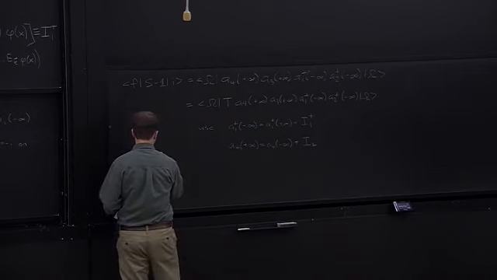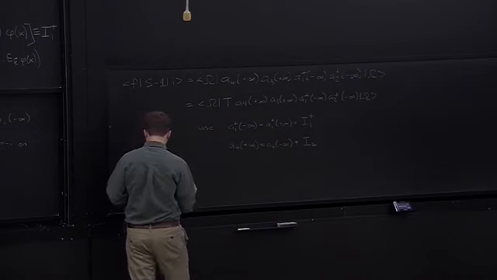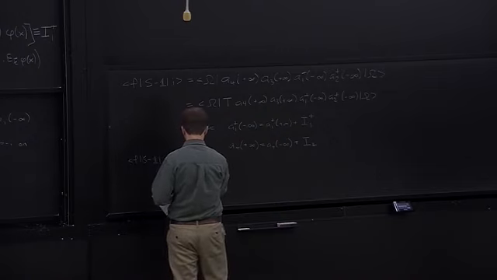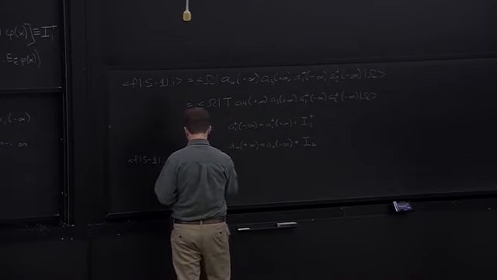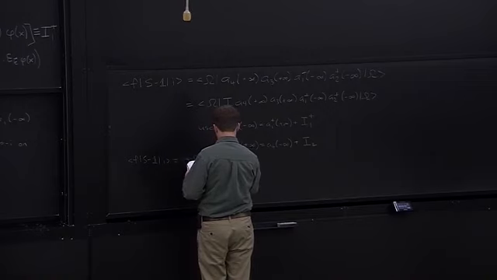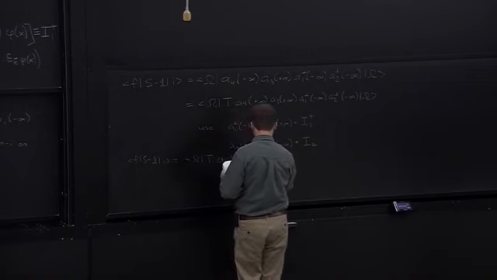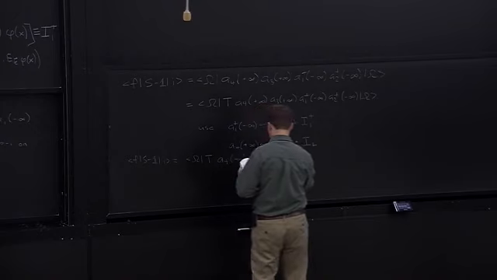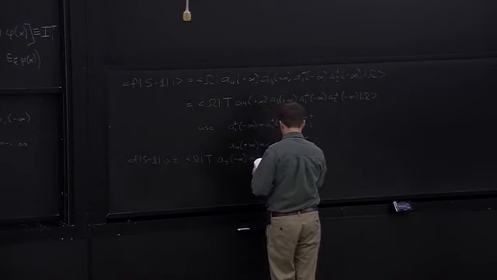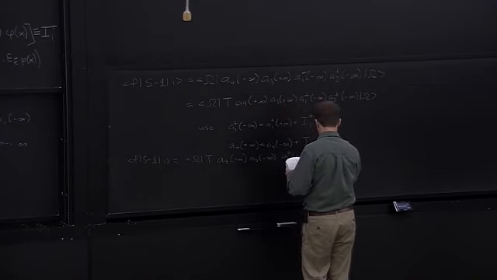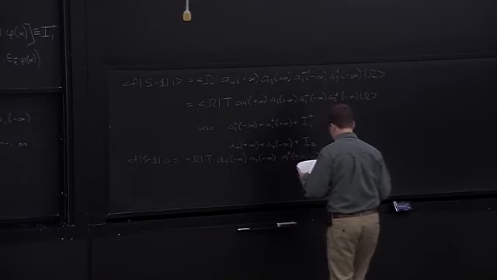Fs minus 1 I is omega t of A4 minus infinity, A3 minus infinity, A1 dagger of plus infinity, A2 dagger of plus infinity, omega.